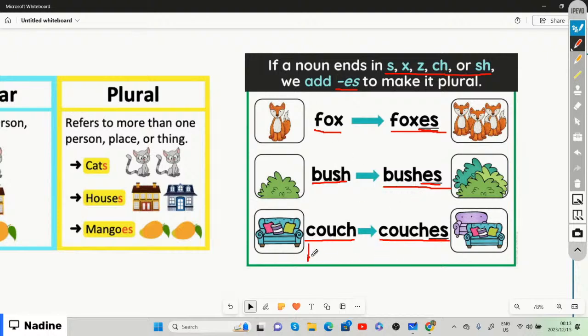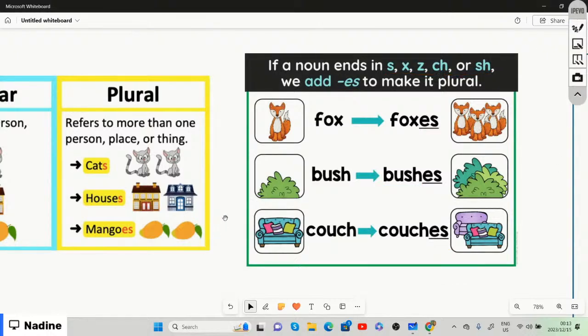So one bus, more than one, buses. And we added an es to show that there is more than one of that. All right.